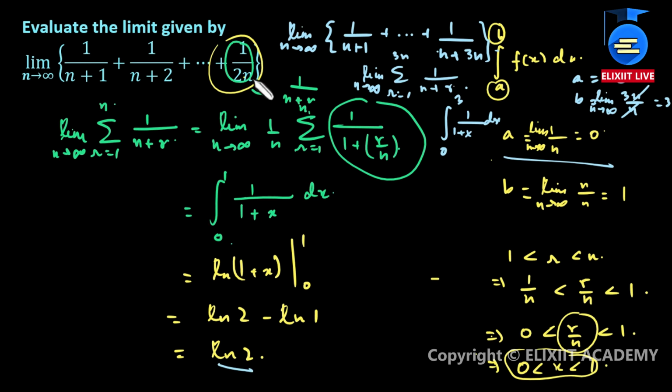If this is 1 by 3n, the answer will be log 3. If this is 1 by 4n, then the answer will be log 4. So you can write it in your own language that this is one short trick which I am giving over here, that this 1 by 2n determines what the answer of this particular series is when limit n tends to infinity.